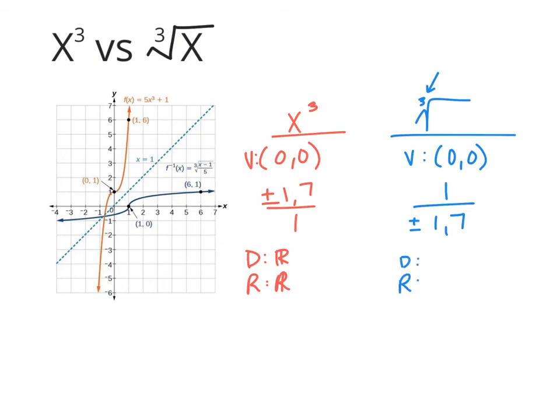Now on this one, we don't have to restrict domain and range to only be part of it, because notice that even this navy blue line down here is still a function. So for cube root, it doesn't matter how you reflect it, it's still going to be a function. So let's look at an example of graphing and one of writing equations for cube roots.